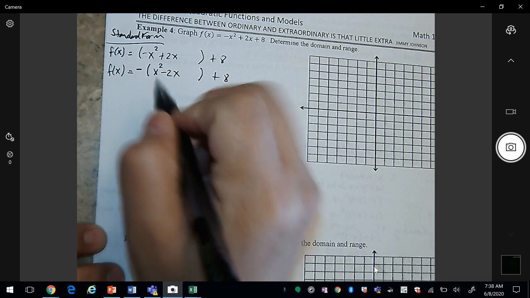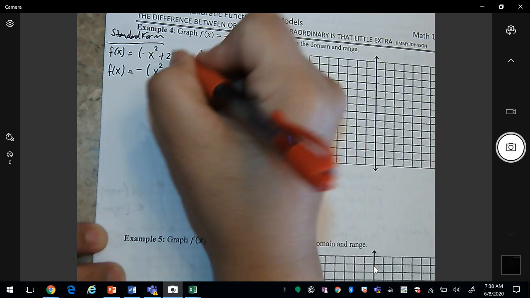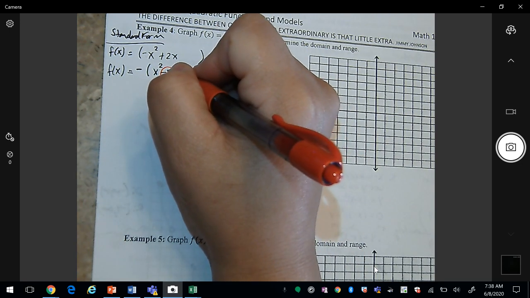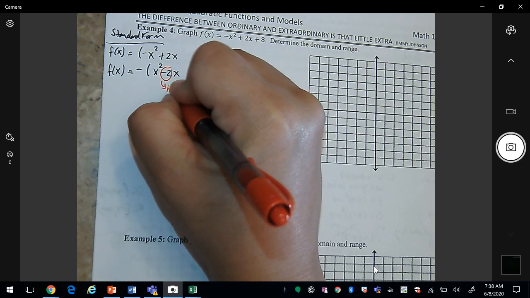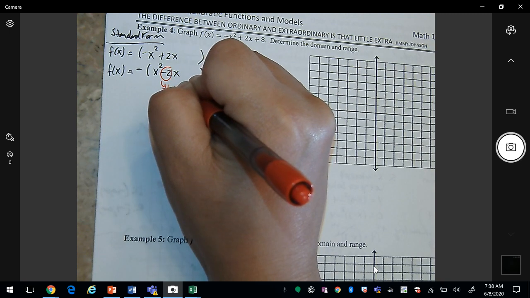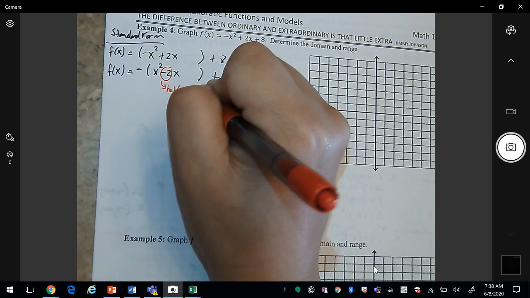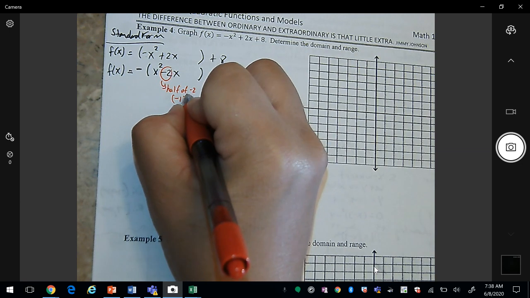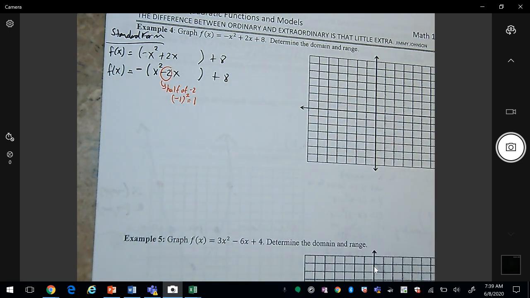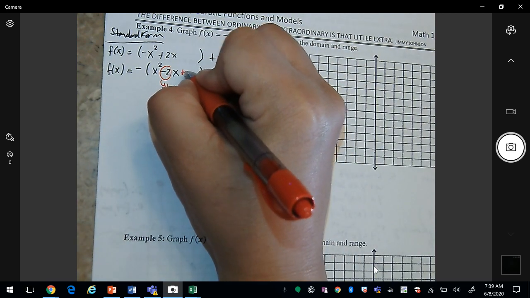So now we can take half of the negative 2. So half of negative 2 would be negative 1. And so then we square it. So we get positive 1. So this positive 1, we're going to add to our parentheses, but then we're also going to subtract.